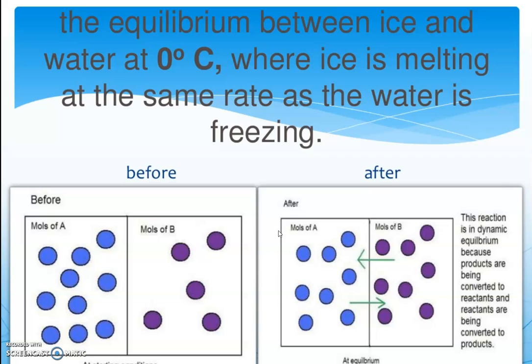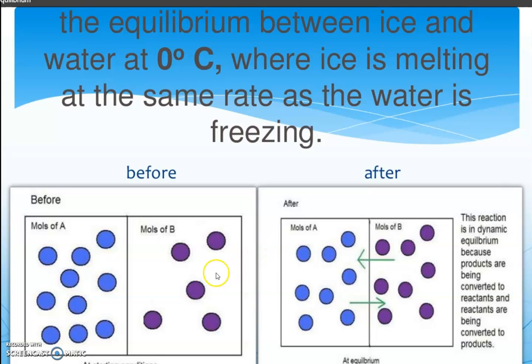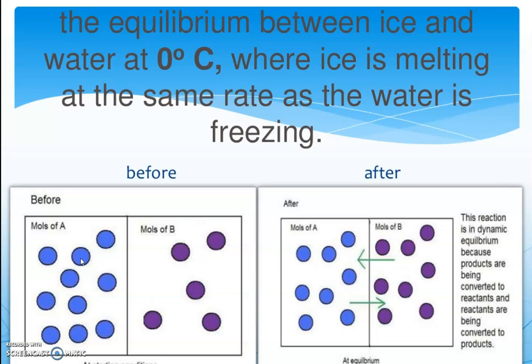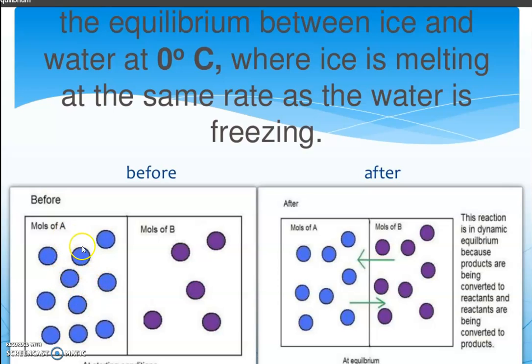We'll see an example. An ice and water example is given here, with moles of A and moles of B. At the starting condition, the reactant will be more and the product will be less.